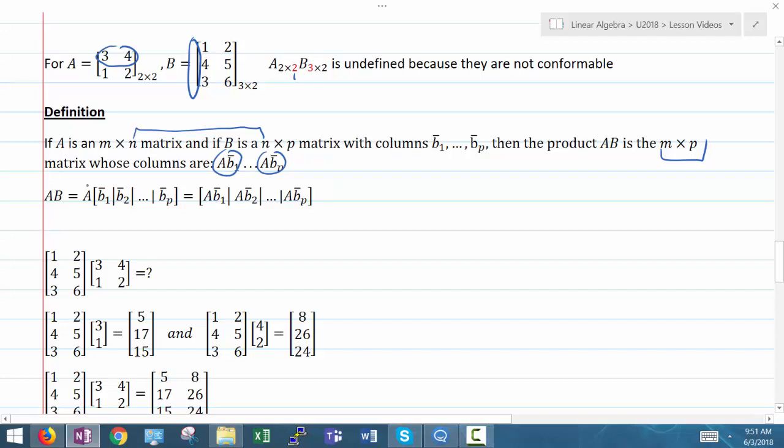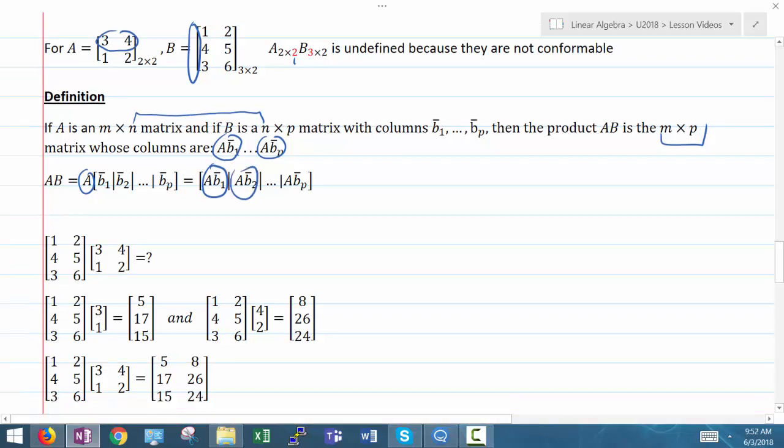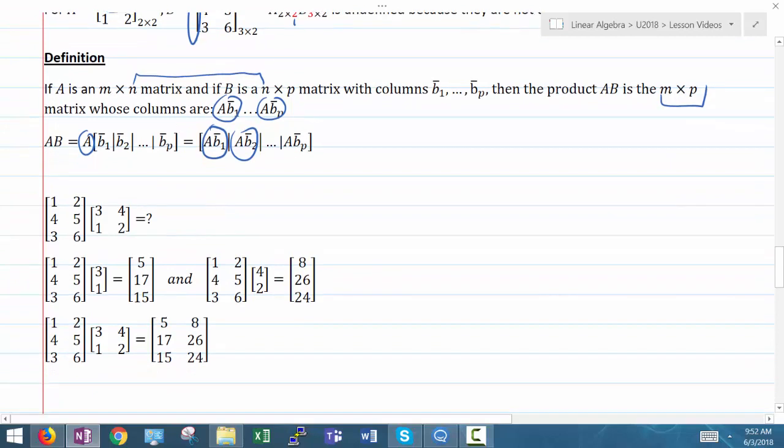So I've written that out. The first column of the product AB is the matrix-vector product of A with B1. The second one is going to be the matrix-vector product of A with B2, and so on. If I have just two simple matrices here, I've now made them conformable. I just turned the two around from a minute ago.